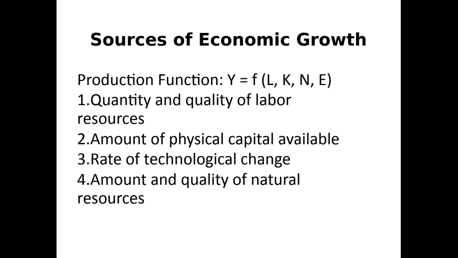If you use your unemployed resources to produce, this is not growth. Growth is when your capacity to produce increases, and that is only possible if you have more factors of production. For example, if you have more workers through immigration, that is an increase in the labor force. That will increase your productive capacity.